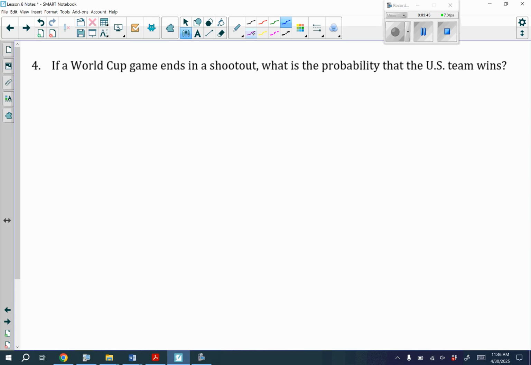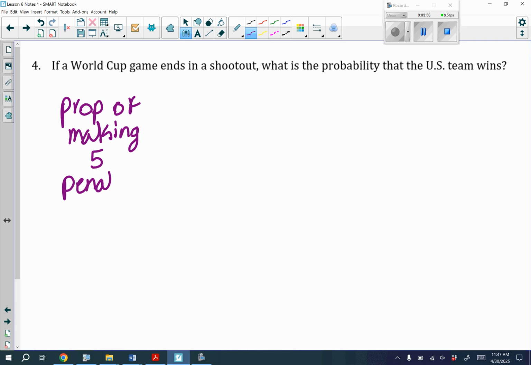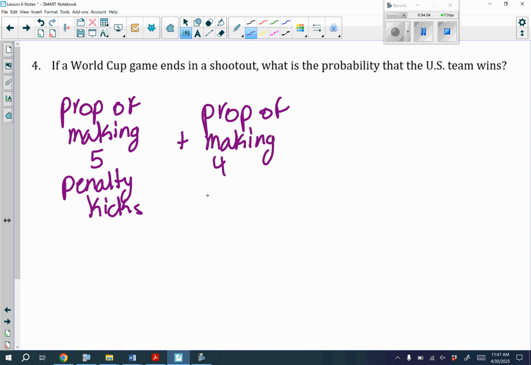Okay, so as a reminder, we have to figure out the probability of making 5 penalty kicks. And we have to add that with the probability of making 4 penalty kicks.